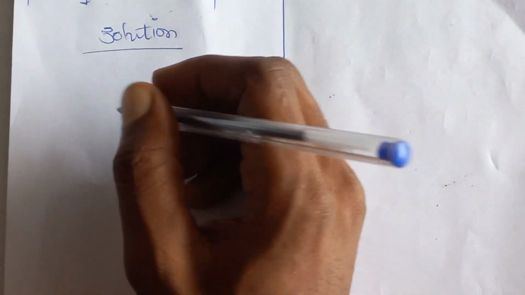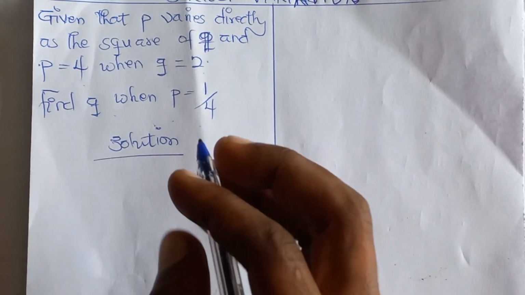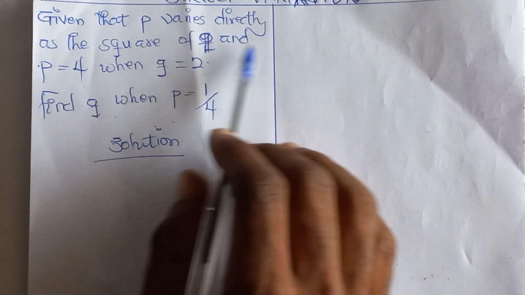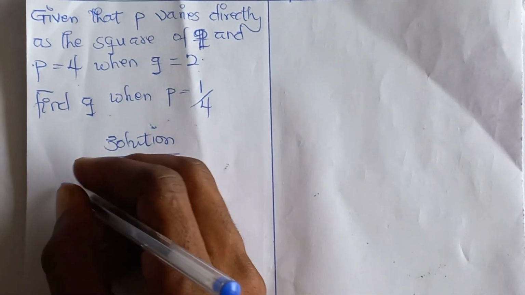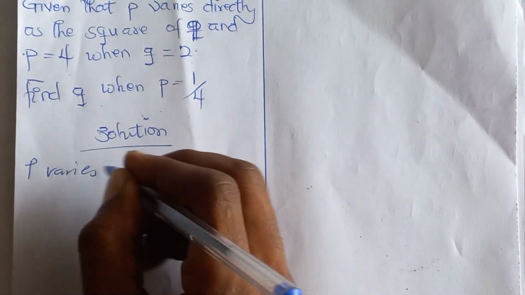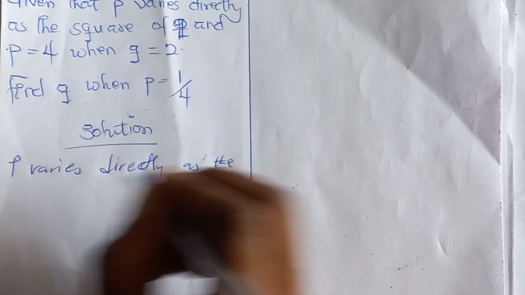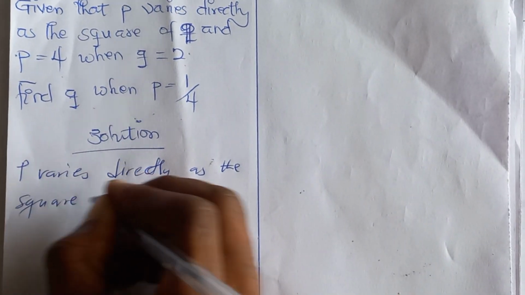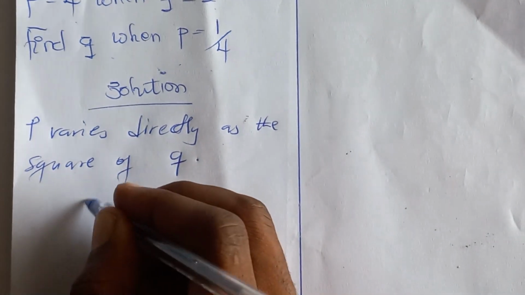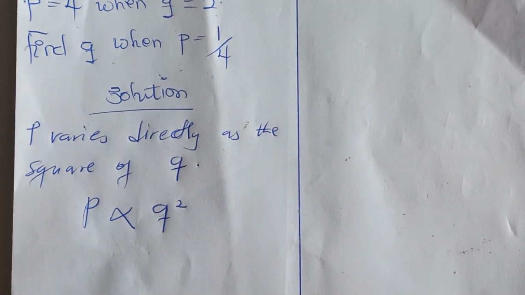So under variation, when you say that P varies directly as the square of Q, this is how we write it: P is proportional to Q squared.